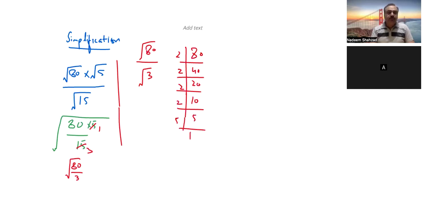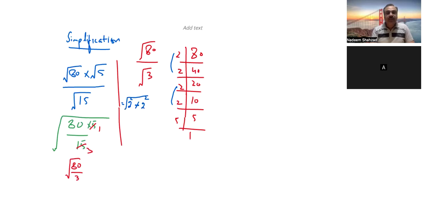So we will write the squared numbers. You can see here 2 is coming 2 times and then again 2 times. We can write it, instead of 80, as 2 power 2 times 2 power 2 times 5, the whole square root, divided by square root of 3.